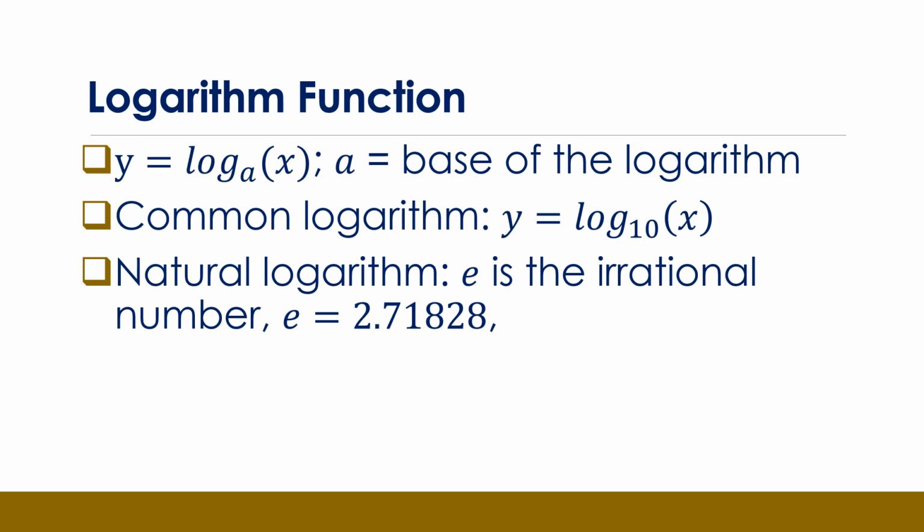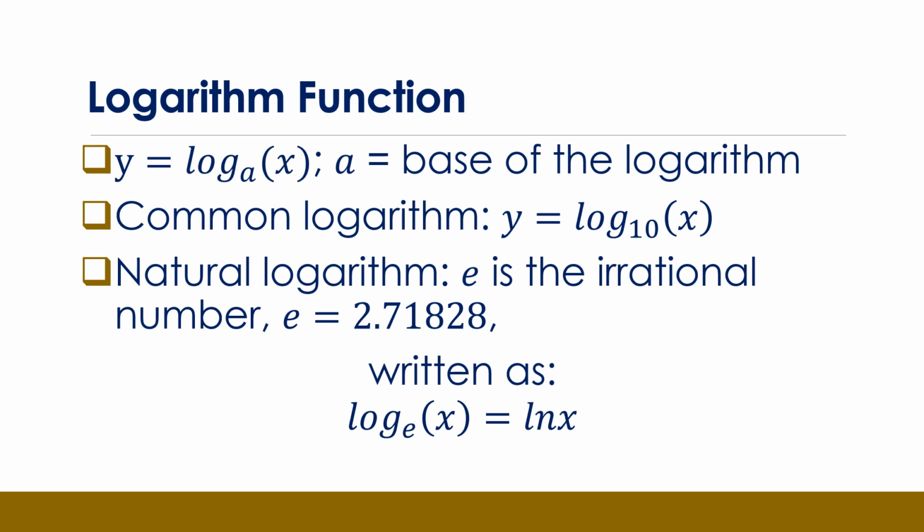An irrational number is a number that cannot be expressed as a fraction. The logarithm to base e is known as the natural logarithm, written as log_e x, but most commonly written as ln x. This one is pronounced as ln x.